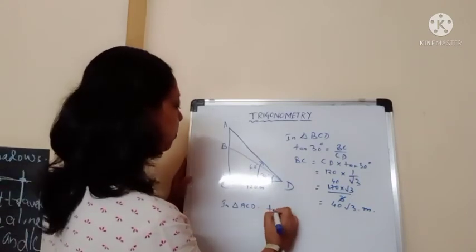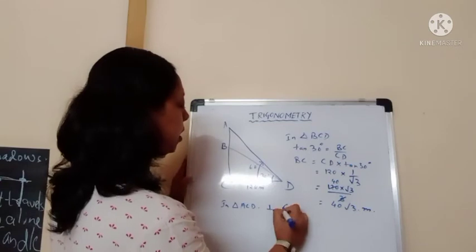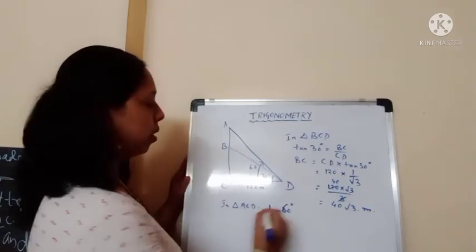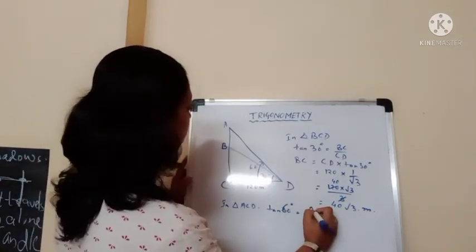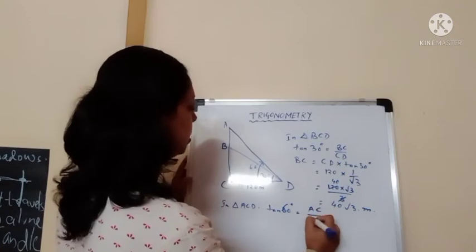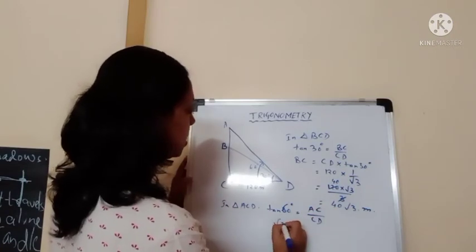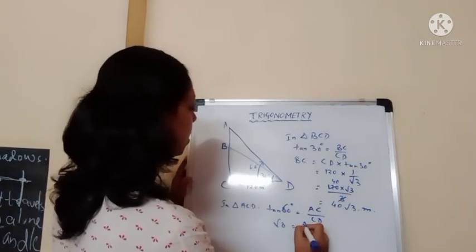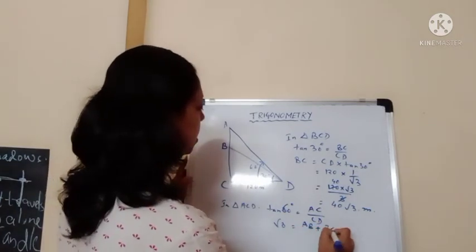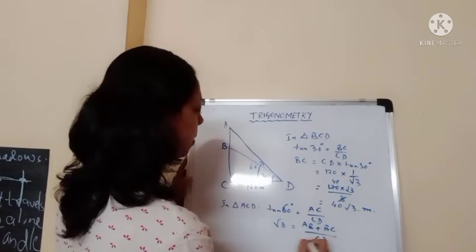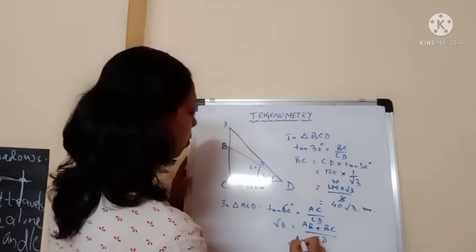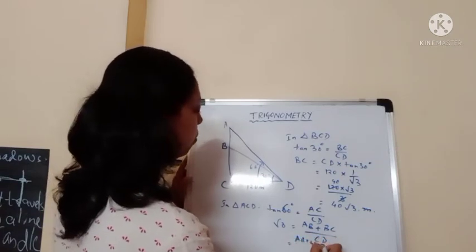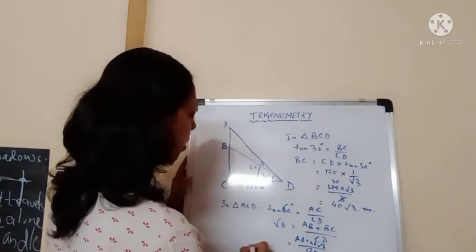So tan 60 degree is coming out to be AC by CD. Tan 60 degree is √3 and AC is AB plus BC, upon CD. So AB we don't know, and BC is 40 √3 and CD is 120.